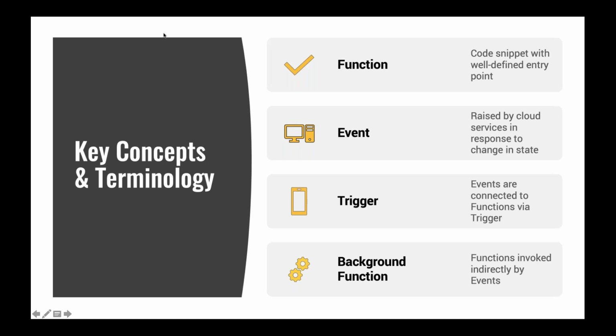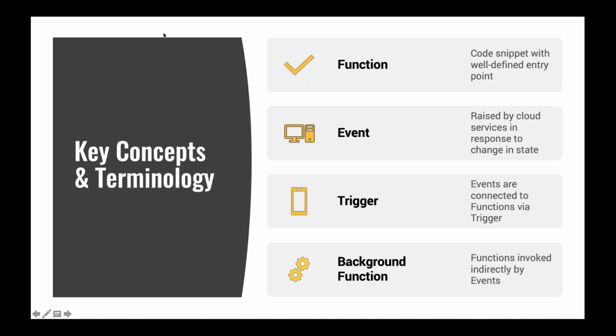If you are using Node.js, you are going to get Express.js equivalent functionality where you can have access to request and response. If you are using Python, it uses a very similar architecture where you have access to request and response streams. So whatever you send via HTTP will become available to the function.